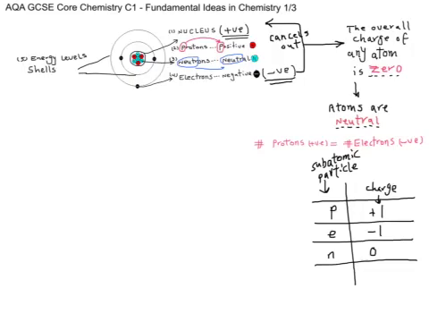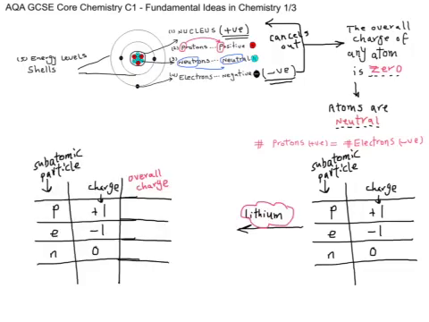Protons, neutrons, and electrons are also called subatomic particles. And in a neutral atom, the number of positive protons equals the number of electrons. For lithium again, it has 3 protons which are positive. So the nucleus has a +3 charge.